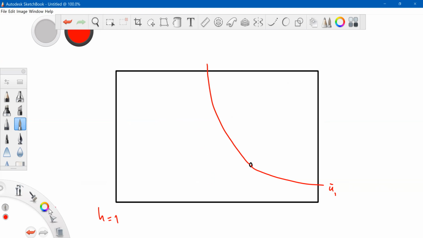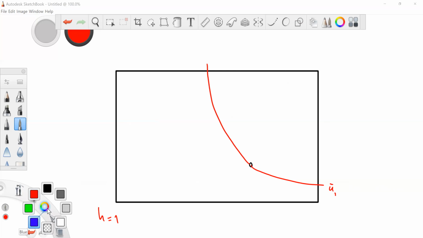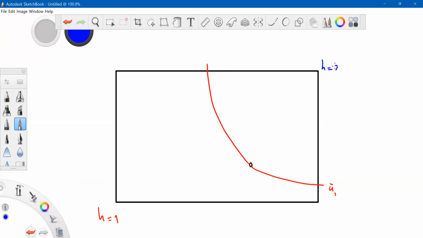Then we have the second consumer. So the second consumer will also have a utility level at this initial endowment, right? Now, obviously, the core is somewhere here, right? This is the core.